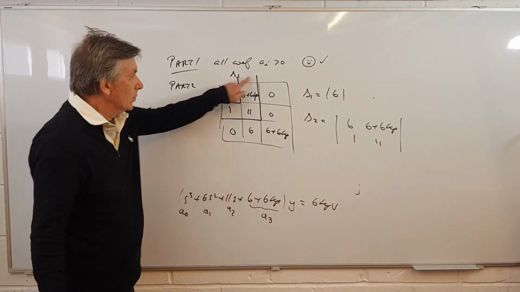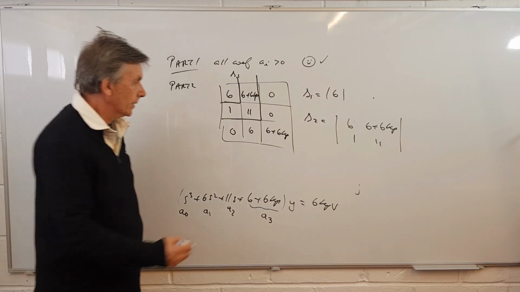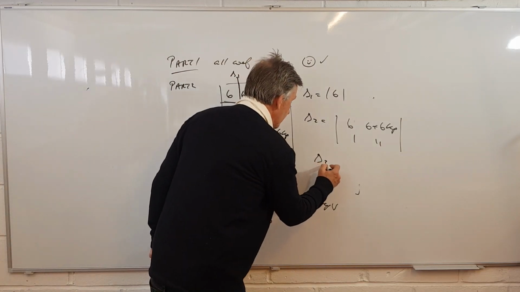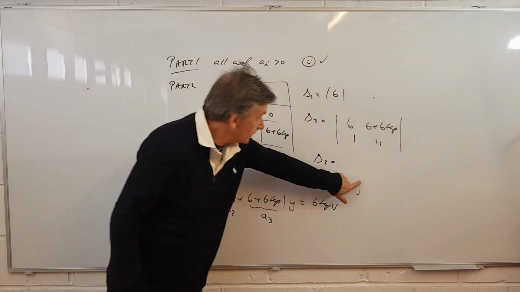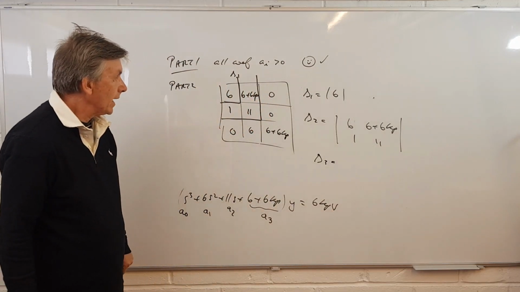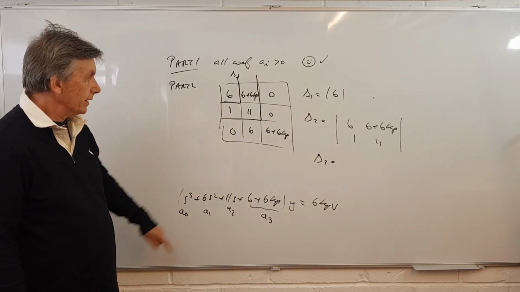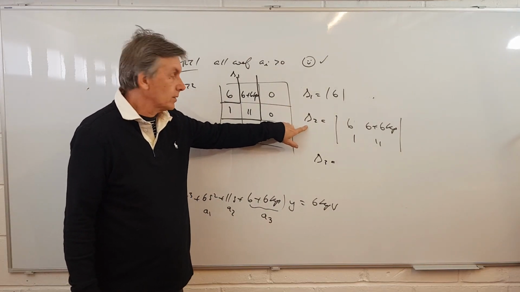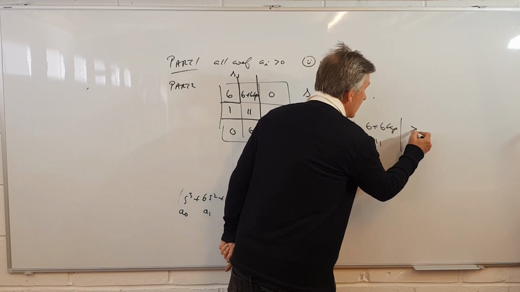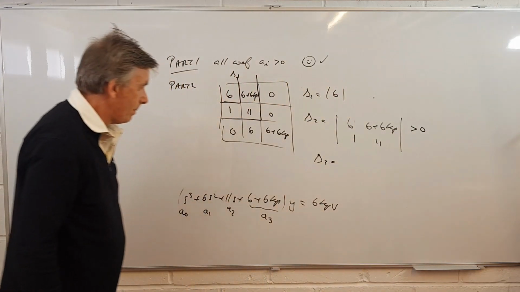And delta 3 would be the whole thing there. So we could have delta 3 as well. Now, in this particular case, we don't need to work out all of them. We can either go for the odd ones or the even ones. So the obvious one to go for is this one. So we want this one to be greater than 0.